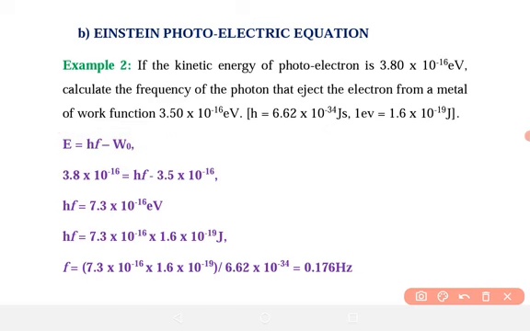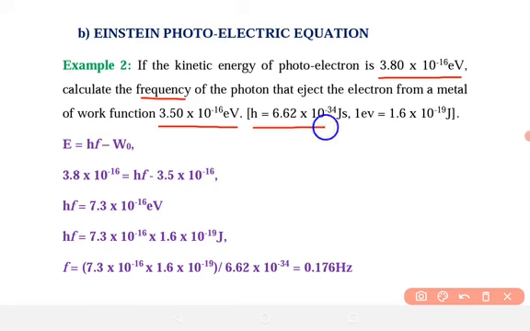Now let's look at the question here. The question says if the kinetic energy of the photoelectron is 3.80 times 10 to the minus 16 eV, we have to calculate the frequency of the photon that ejects the electron from a metal of work function 3.5 times 10 to the power minus 16, and we have some constants given.